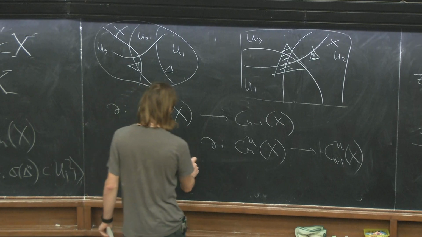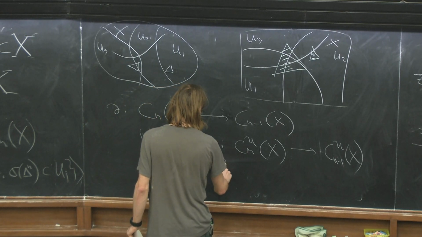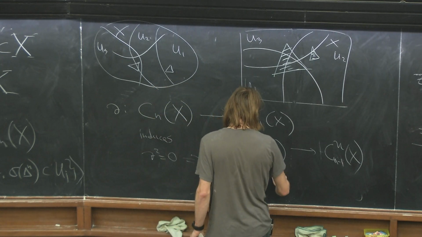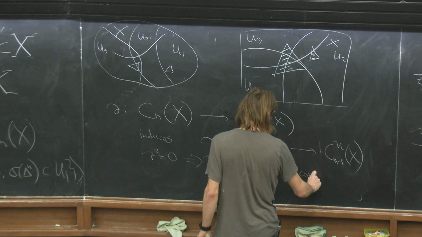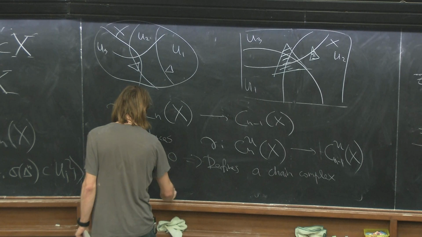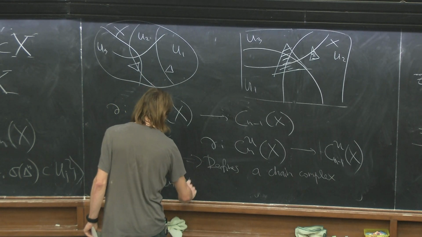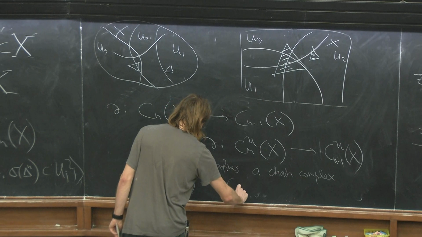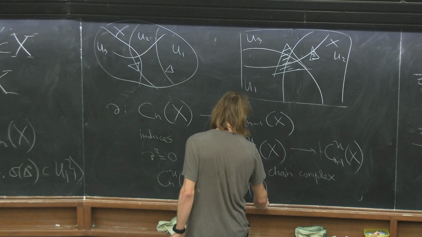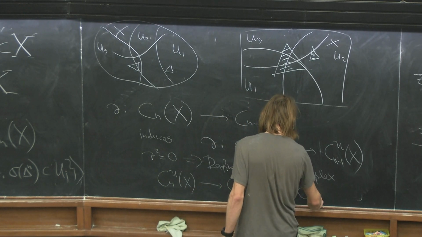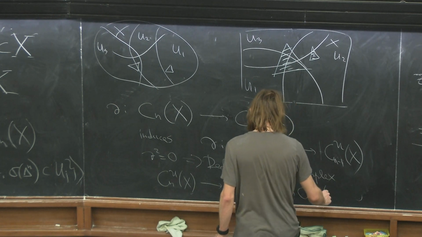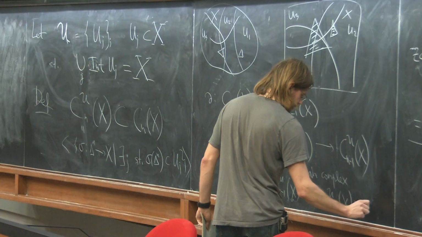So this defines a chain complex. A chain complex, in general, is a sequence of abelian groups and homomorphisms between them such that the composition of two consecutive homomorphisms is 0.